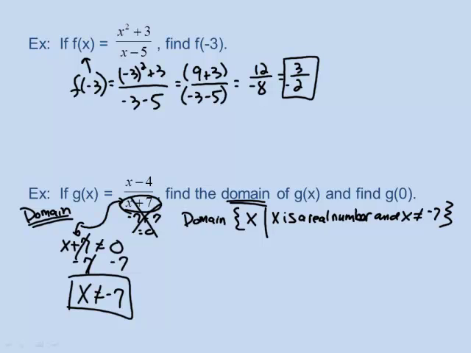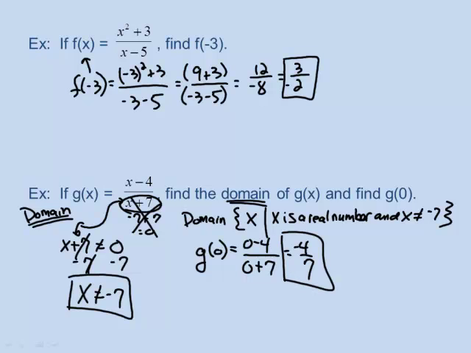So that's your domain. Now, find g of 0. To do that, we're simply going to put 0 in for wherever x appears. We've got 0 minus 4 divided by 0 plus 7. That gives us negative 4 over 7, and g of 0 is equal to negative 4/7.